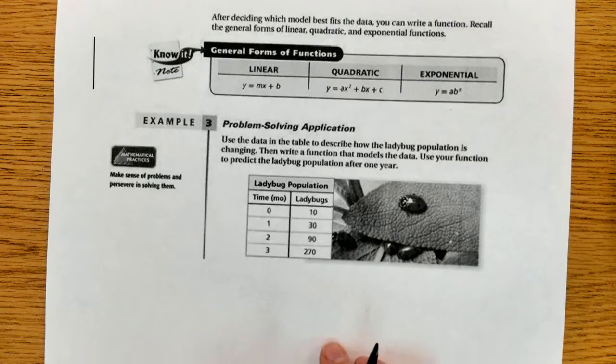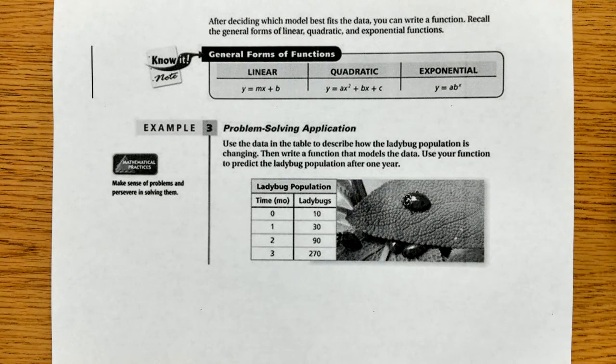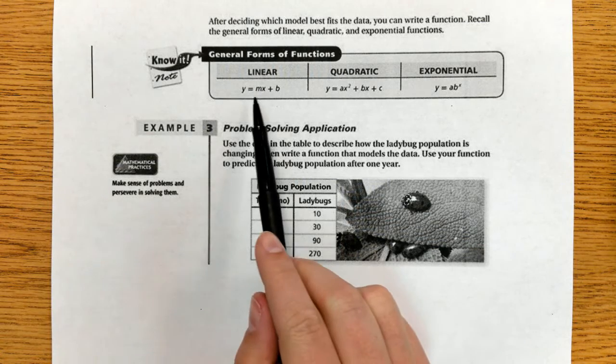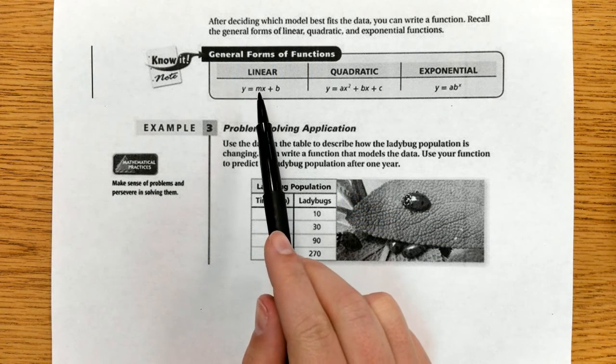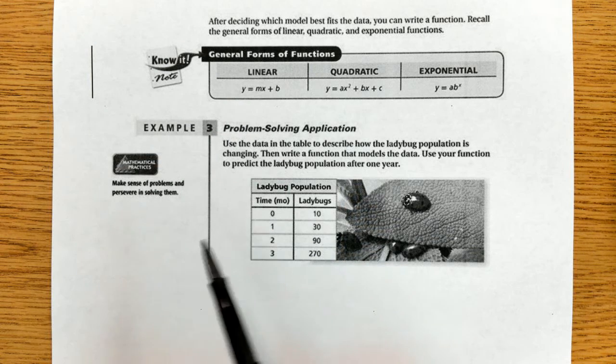So now we're going to go ahead and look at example 3. So after deciding which model best fits the data, you write a function. Recall the general forms of linear, quadratic, and exponential functions. So linear is in the form y equals mx plus b, where m is your slope, b is your y-intercept.